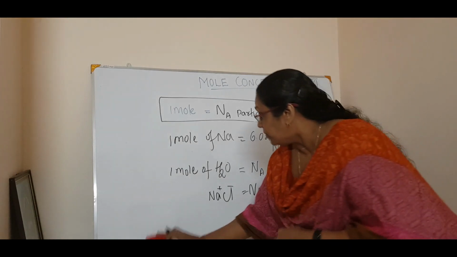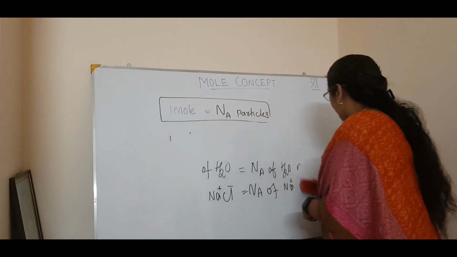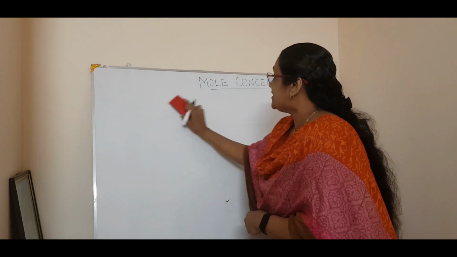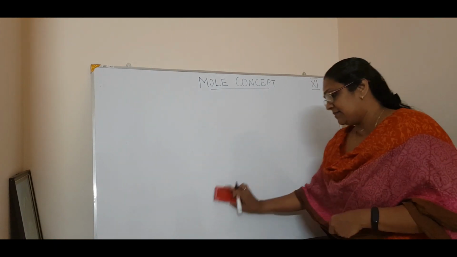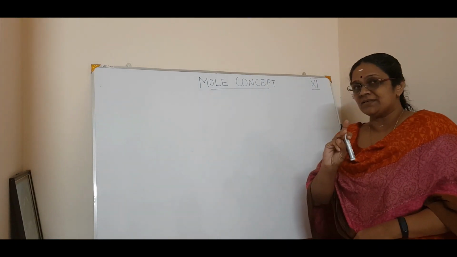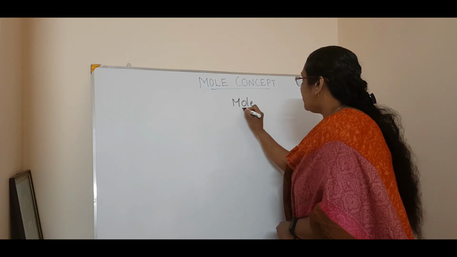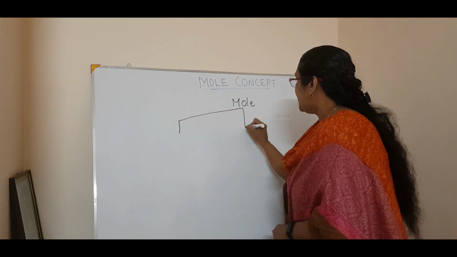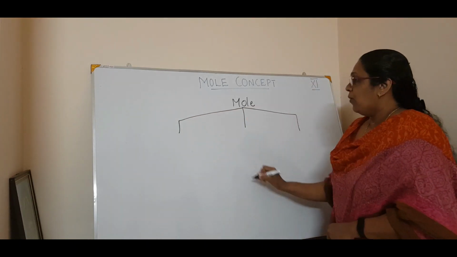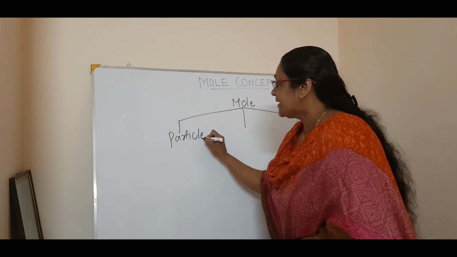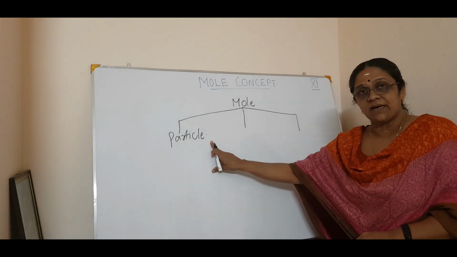Now, the mole can be represented in 3 ways. You have studied 2 ways in 9th standard. Today, we can represent the mole in 3 cases. One is particle. The mole can be represented as particle.